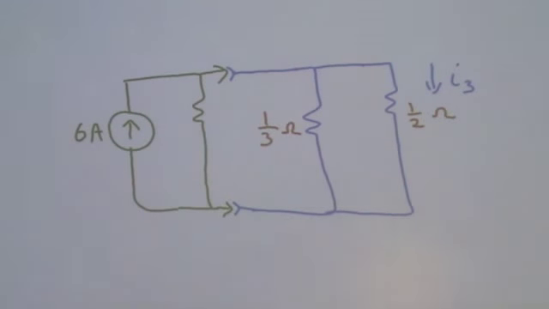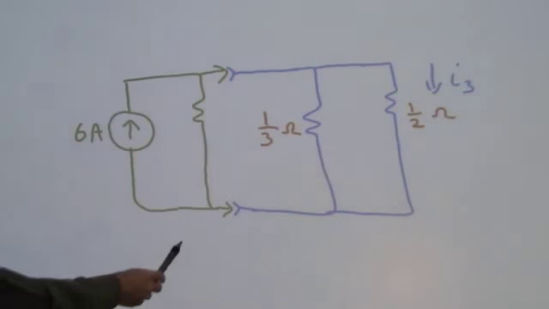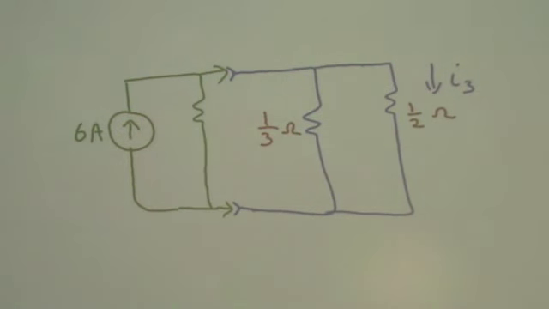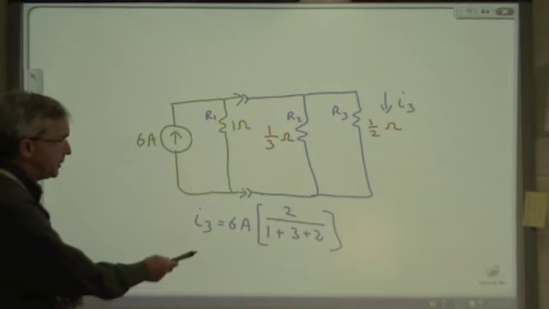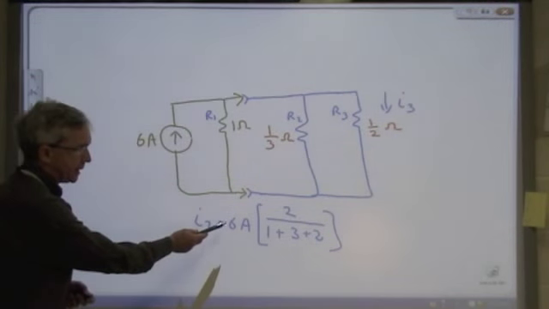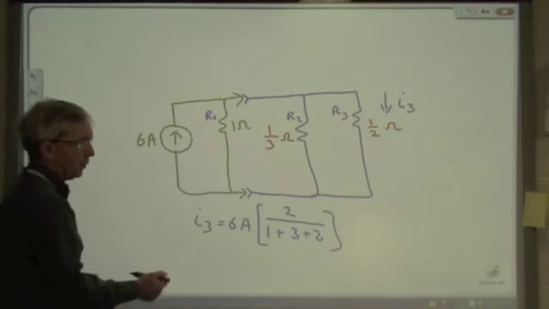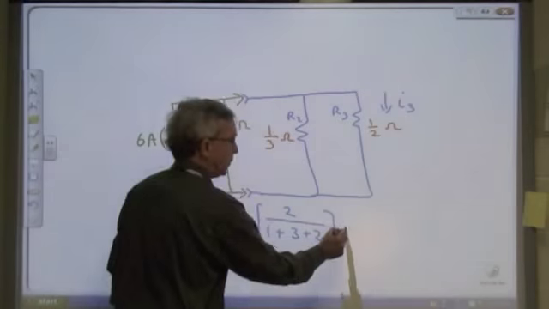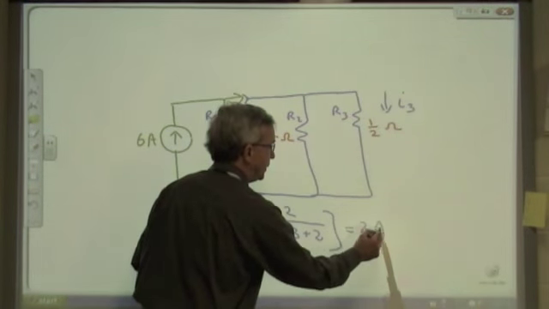Here the circuit is redrawn after that source transformation, and you can see that from the rest of the circuit's point of view, which includes the current I3 that we want to solve for, everything will be equivalent. So how will we go about this? Use current division. Here's our current division expression: 6 amps times 2/6, or 1/3 of 6 amps, or 2 amps.